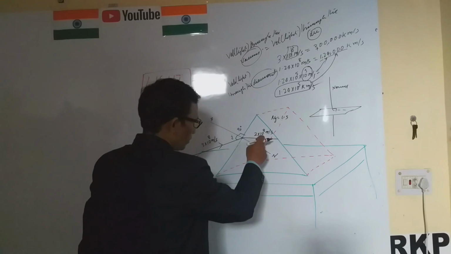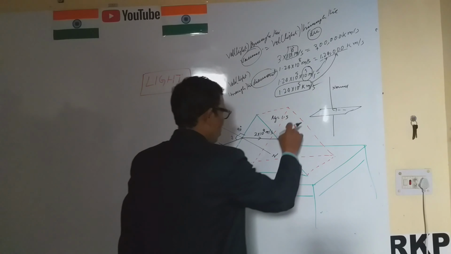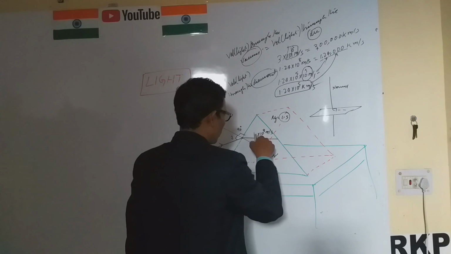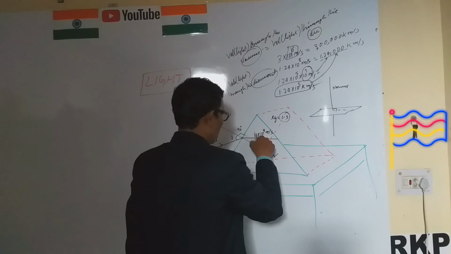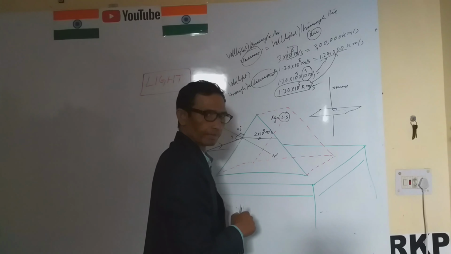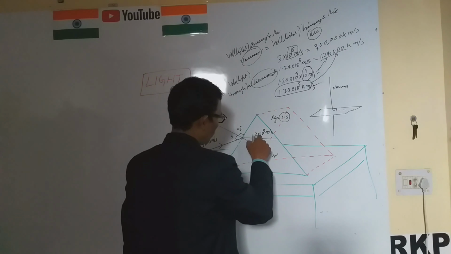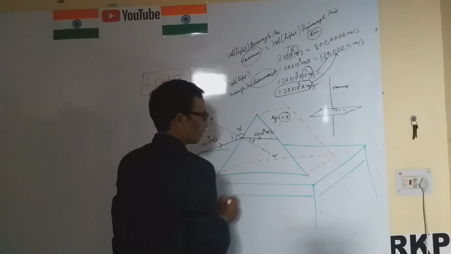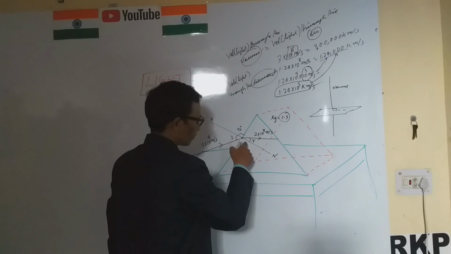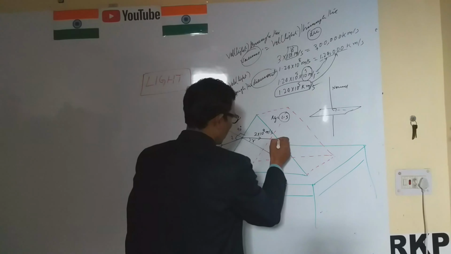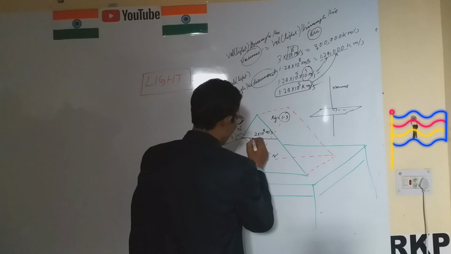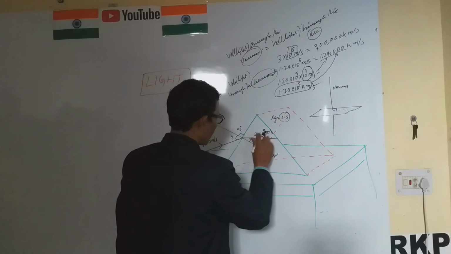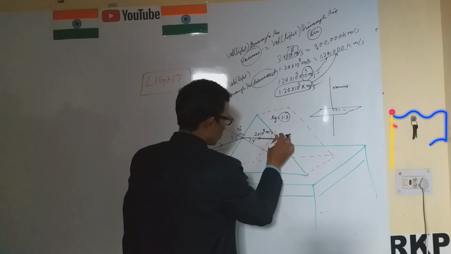Okay, so let it go. And this is the refractive index of glass, and the velocity of light through the glass medium is 2 into 10 to the power 8 meter per second. Then here is R. This is the refracted ray, and when the light passes through the denser medium, it strikes the second surface.